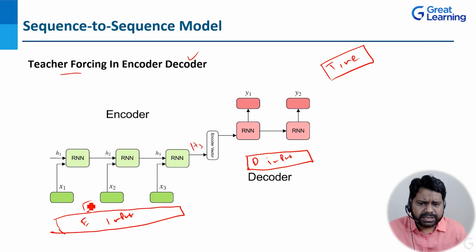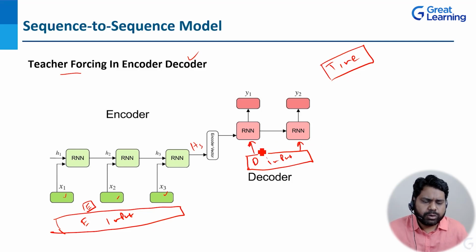But we do provide this encoding to x1, x2, and x3, which are nothing but the input vectors. Similarly, this decoder input is nothing but the input vector for the decoder, the correct output. So this goes there.